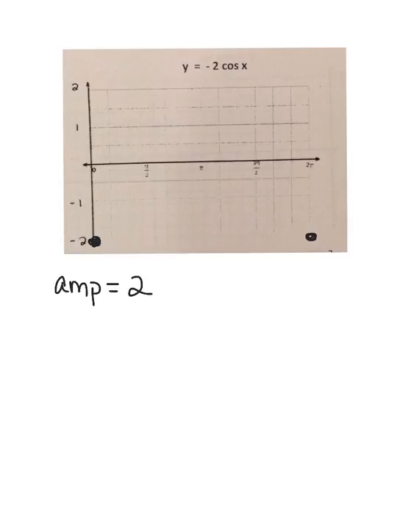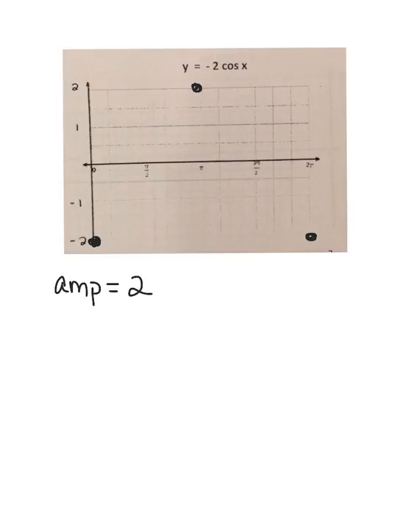And then smack dab in the middle at pi, I'm going to go up to +2, so I'm going to flip it like that. Now remember, between the first min and max, I should be hitting the x-axis. And likewise, between these two guys here, I should be hitting the x-axis.